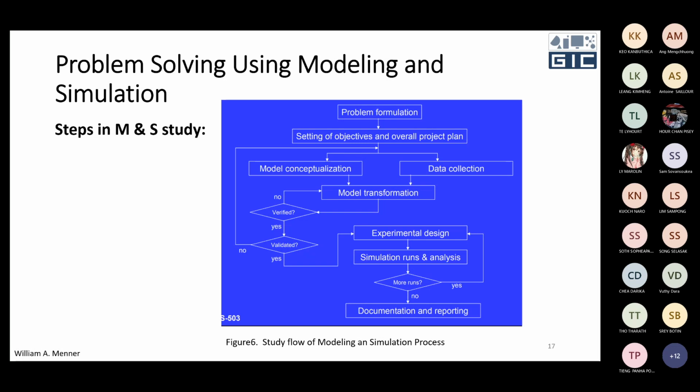So they just use Scrum Master to manage your project. And in my case, for modeling and simulation, we use this kind of structure to manage our work. We have many kinds of structure that can manage our work, but you can choose anything you want that is familiar to your knowledge and your capacity.